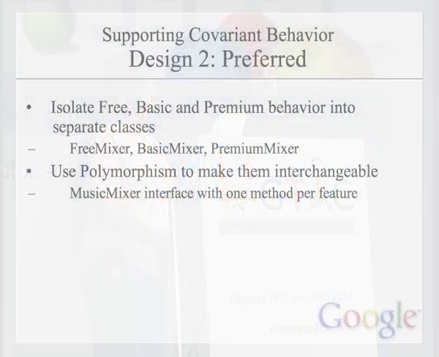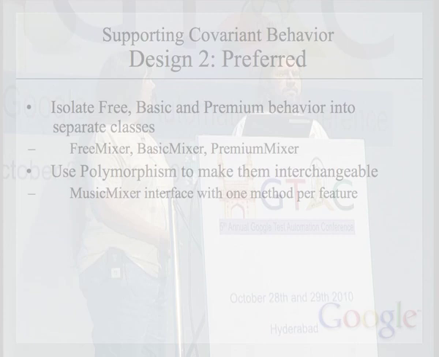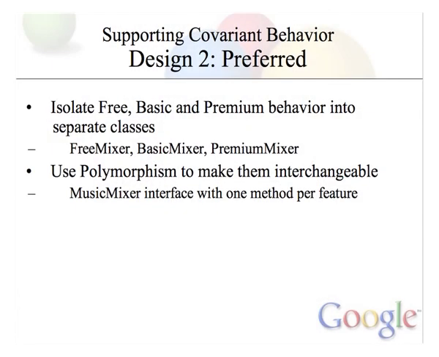So we have a preferred design decision for this, and that's to isolate the free, the basic, and the premium behaviors each into a separate class and create an inheritance hierarchy to unify the interface to those classes. In this case, a music mixer interface with one method per feature.